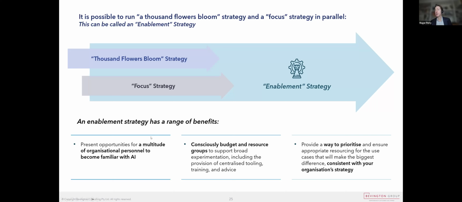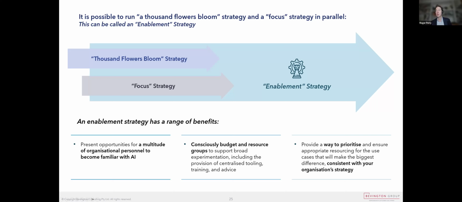An enablement strategy has a number of benefits. It works really well with the focus strategy. It says, look, we're not going to fund everything or thousands of experiments. We're still going to be focused, but we'll teach people about AI and accelerate their ability to use some of the tools rather than build the tools. So you can present opportunities for a multitude of organizational personnel to become familiar with it, through training and use, and consciously budget and resource groups to support experimentation.